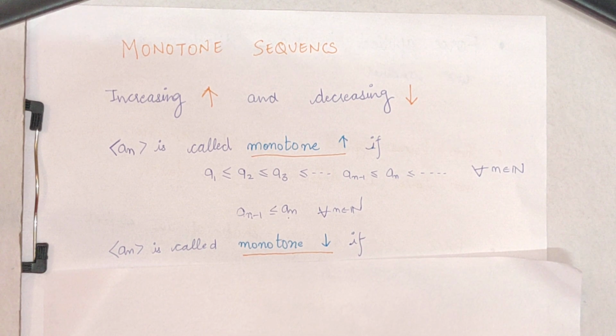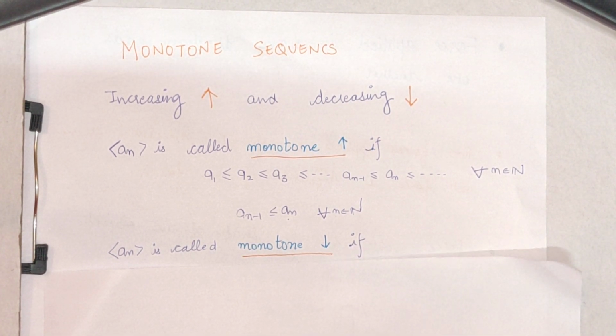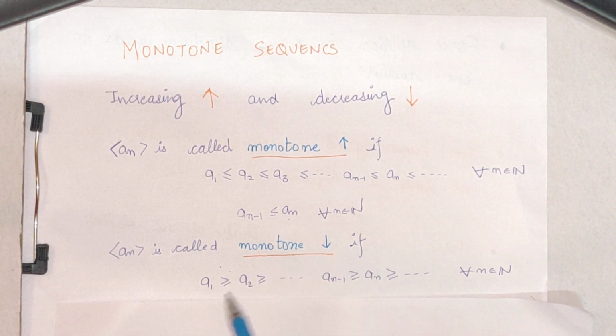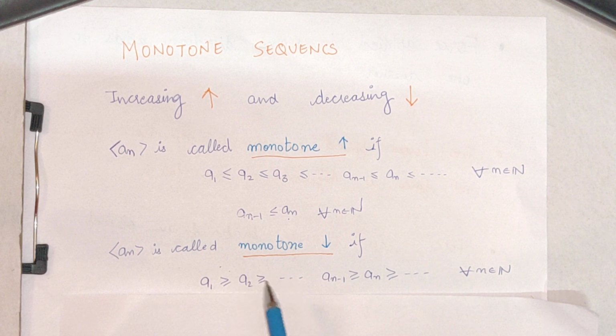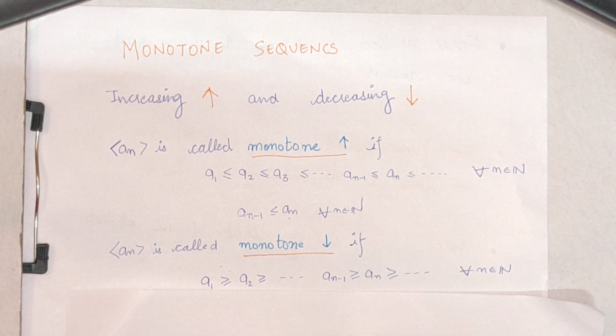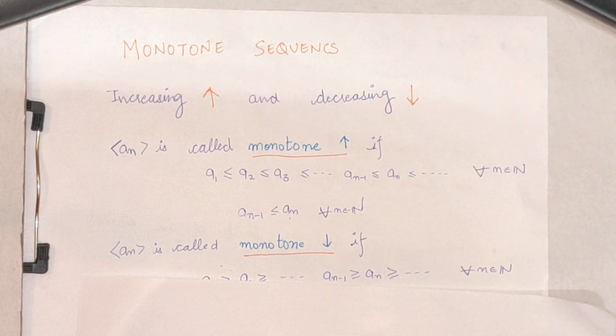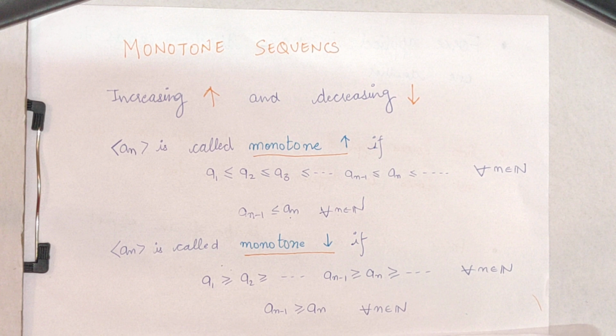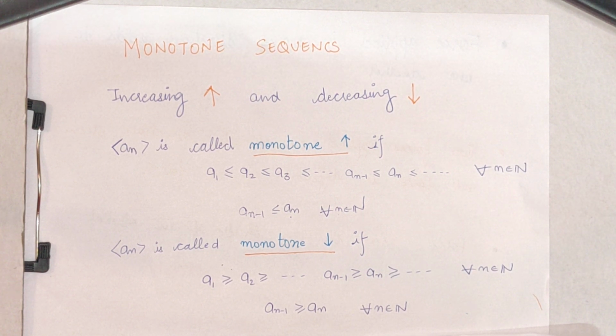Similarly, a sequence a_n is called monotone decreasing if this happens. That is, the first term is greater than or equal to the second term, which is greater than or equal to the third term, and so on. Somewhat similar to descending order. So we can write it as this: the (n-1)th term is greater than or equal to the nth term.